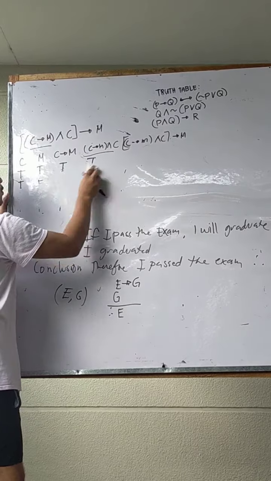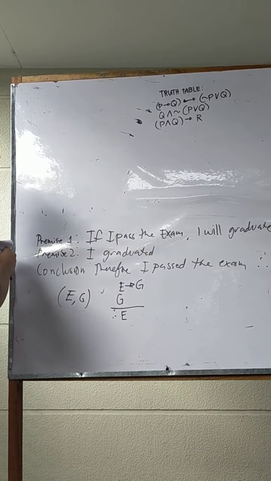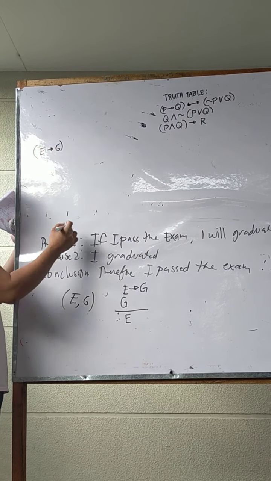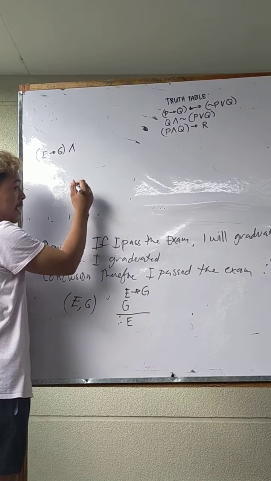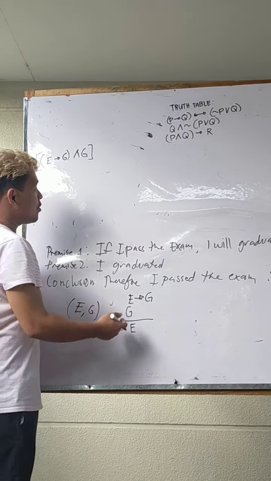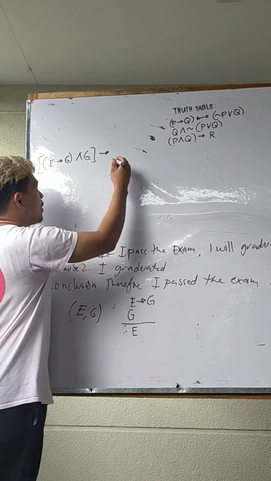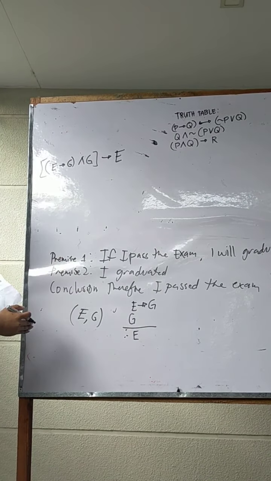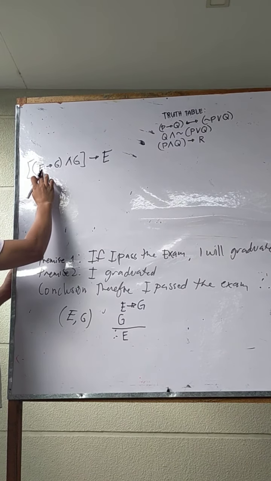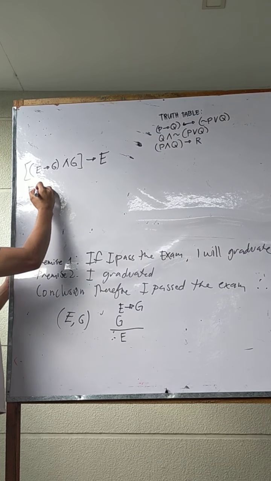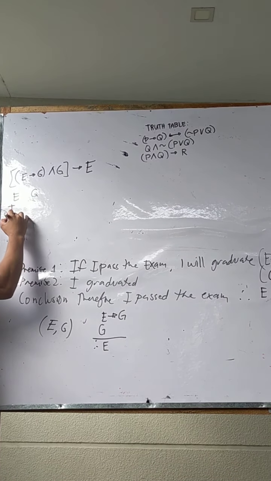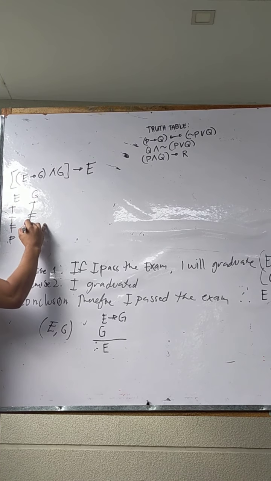In order for us to write the truth table, we first write the first premise, E implies G, and then the second premise, G. Then the conclusion, E. Since we have two premises, E and G, we have 2 squared, which is 4: true, true, false, false, and true, false, true, false.